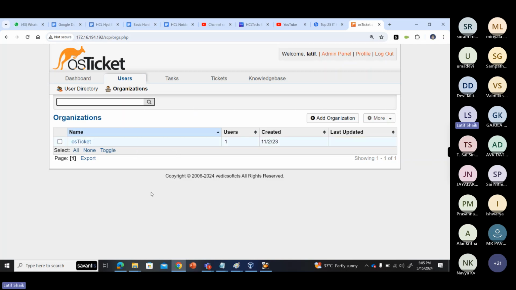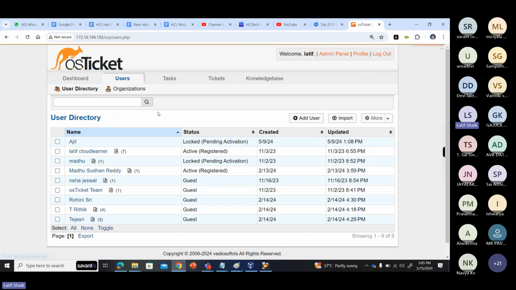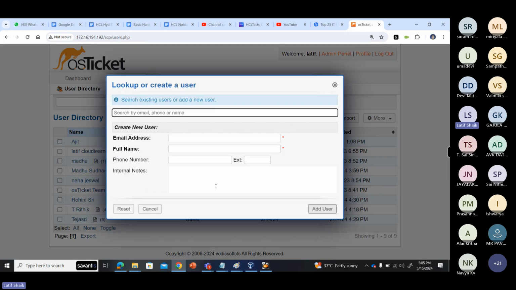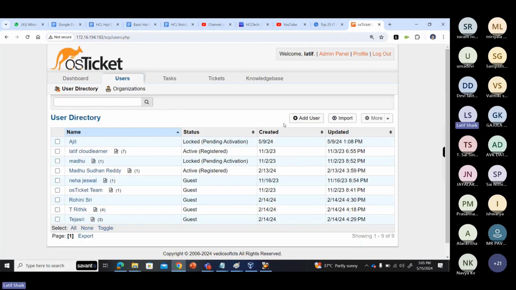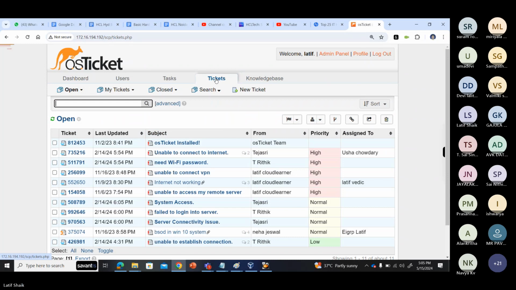These are the users from that organization or different organizations. I can add a user manually also. Okay, guys, this is one of the ticketing systems. If you want to add any user or agent, we can add it too.